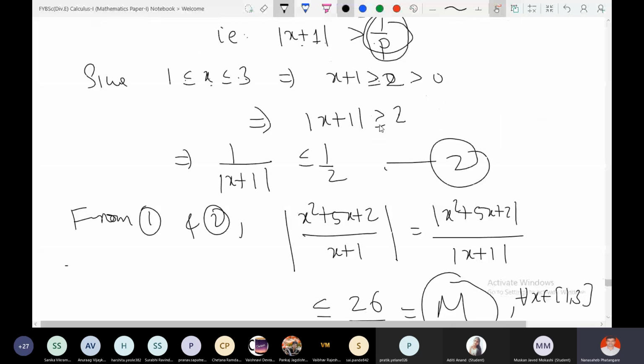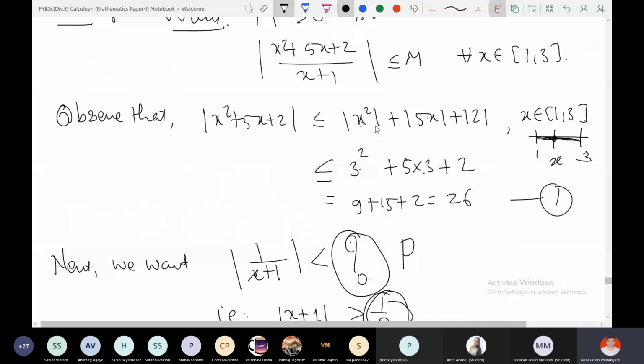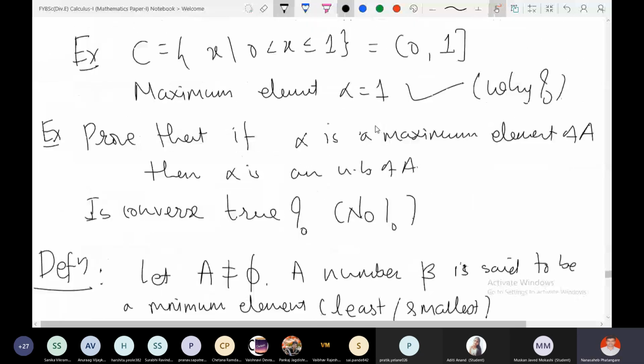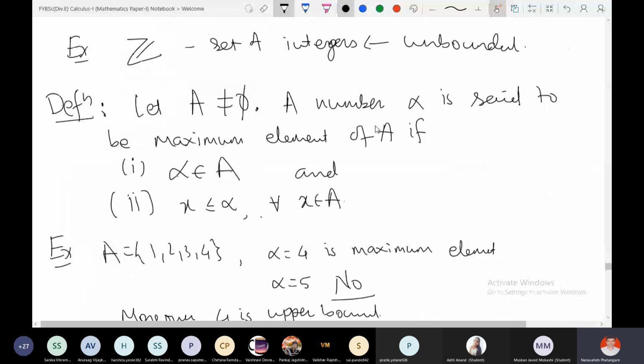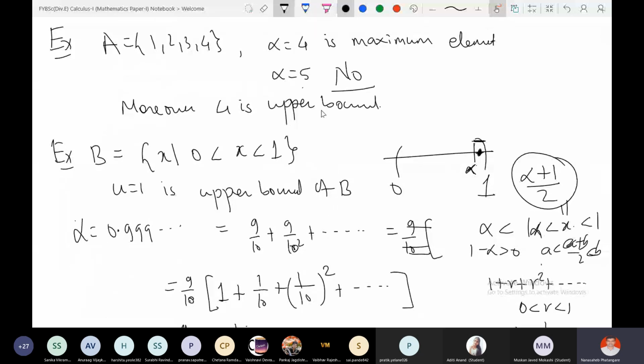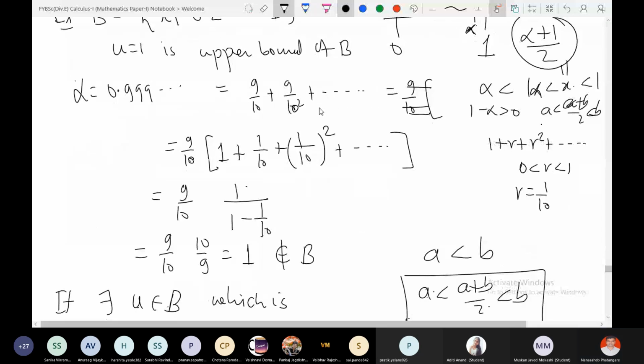So that is what we discussed last time: upper bound, lower bound, maximum element, minimum element, bounded above set, bounded below set, and bounded set. Right. So this is what we discussed last time.